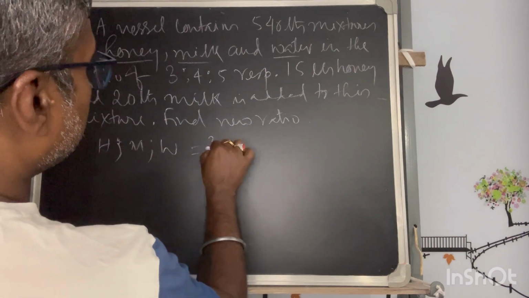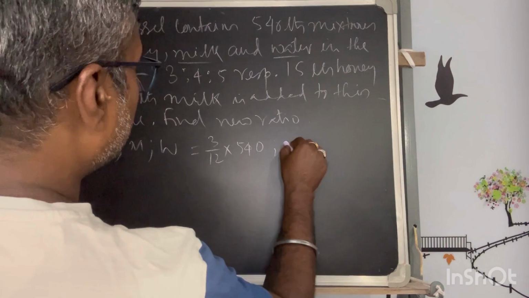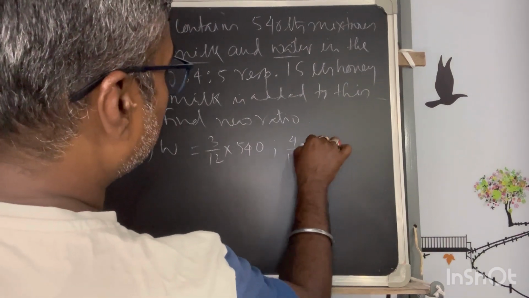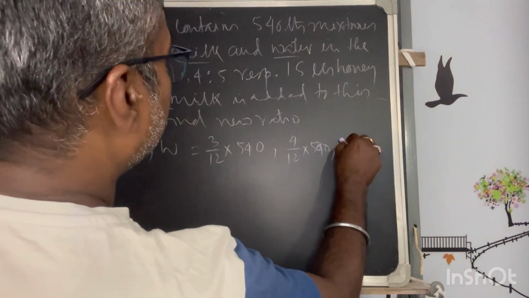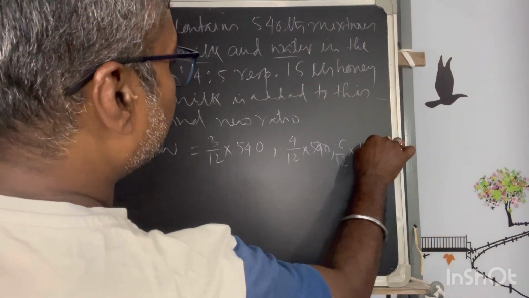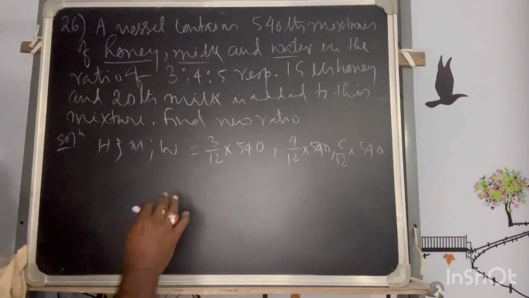So 3 of 12 into 540, 4 of 12 of 540 and 5 of 12 of 540. These are the amounts of each.